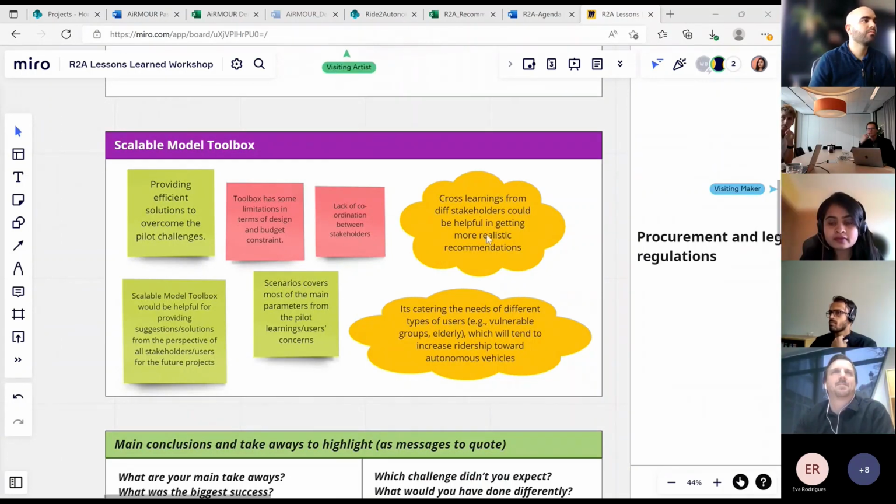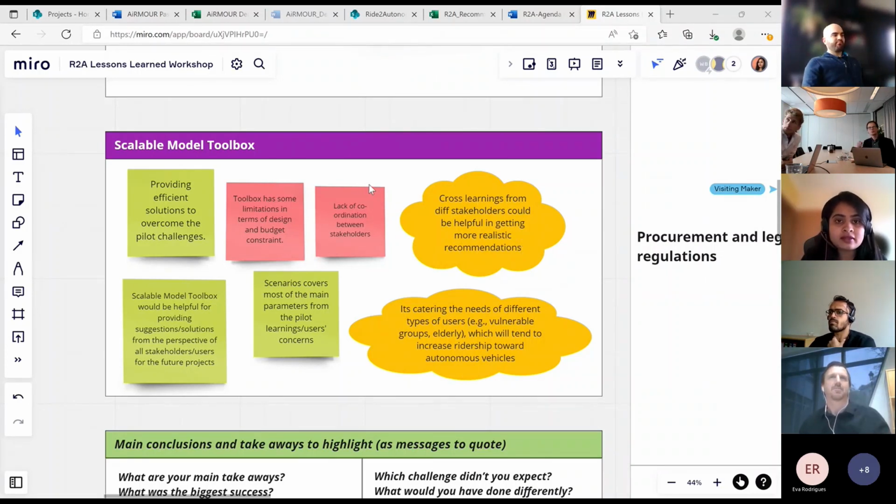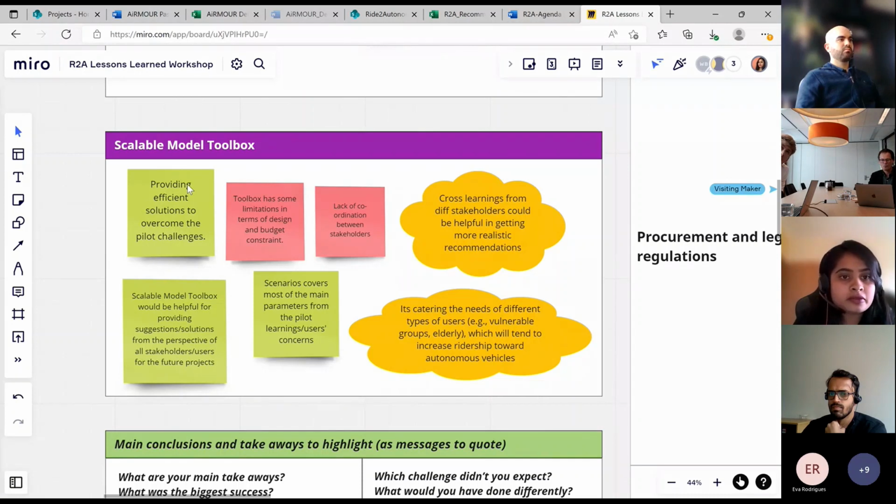Yes. Okay. So yeah, we have noted down some key findings and challenges for the scalable model toolbox. Starting with the positive things, how it's going to be helpful for future projects.